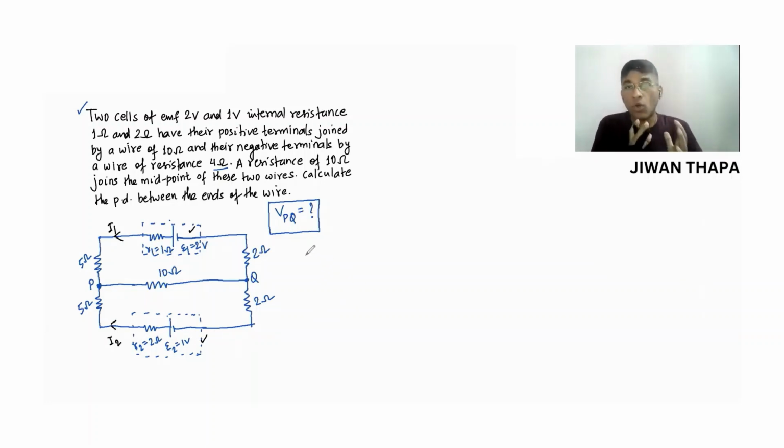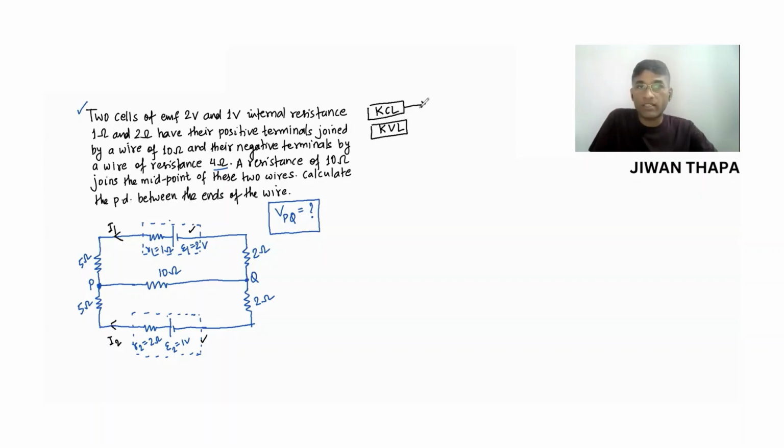Now in order to solve this numerical problem, we use Kirchhoff's laws, and we have two laws. One is the first law called KCL, and we have another called KVL. So this is Kirchhoff's current law and this is Kirchhoff's voltage law.